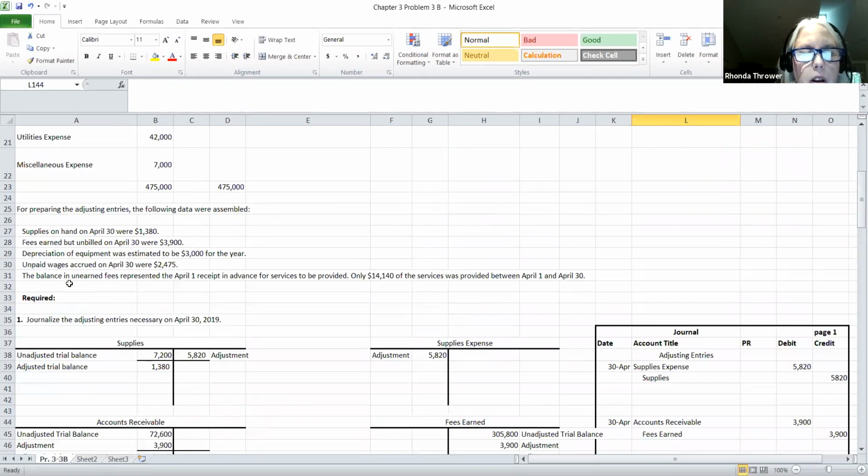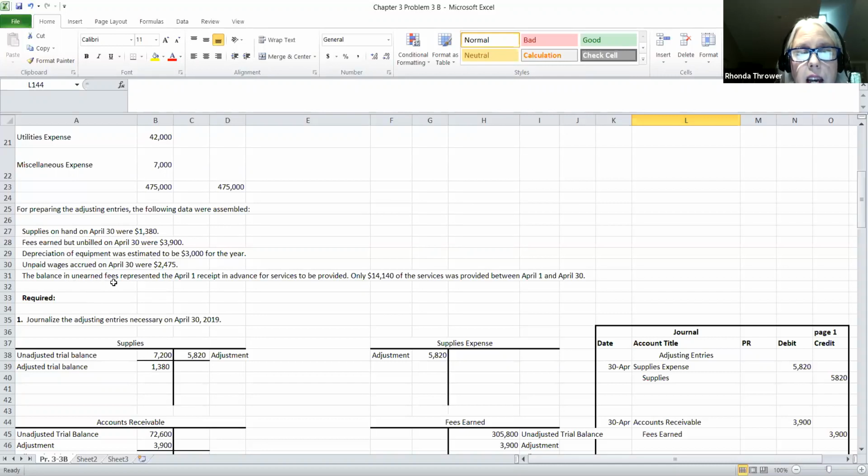My last adjusting entry for this problem has to do with unearned fees. Anytime you see unearned fees, you should know now that unearned fees is a type of deferred revenue. Unearned fees means that we have received money in advance before we have earned these fees.